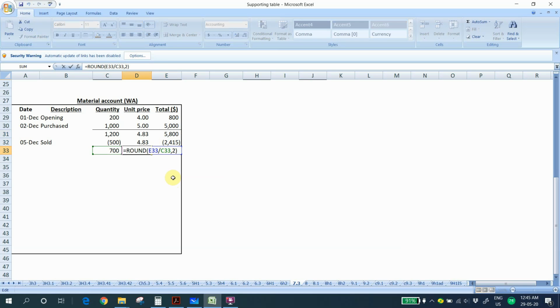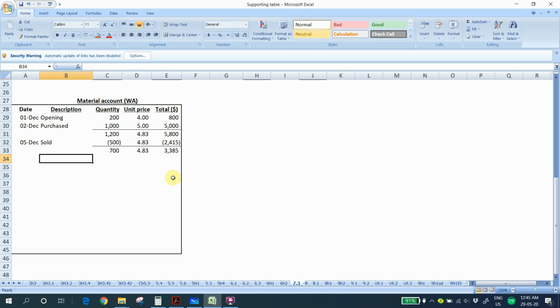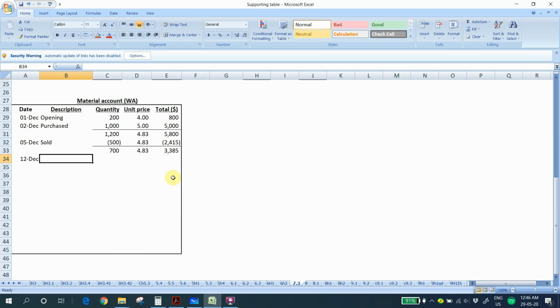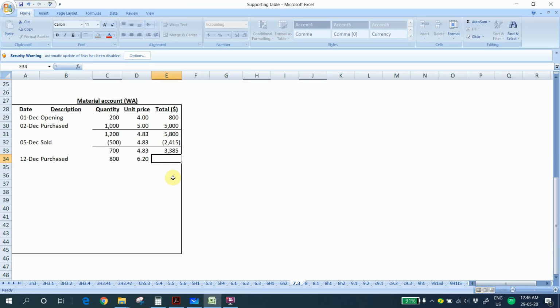We put it as the same, 4.83. And then the next item is on 12th of December. We purchase 800 units at the cost of $6.20 each, so we multiply together.